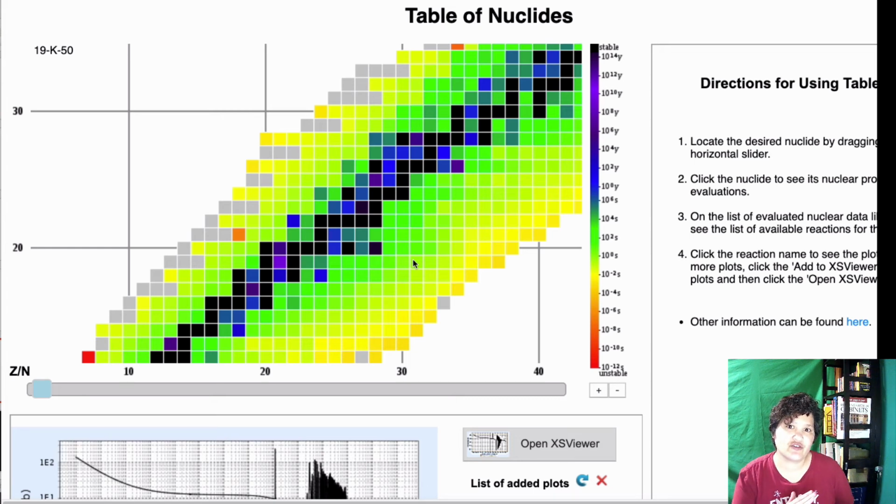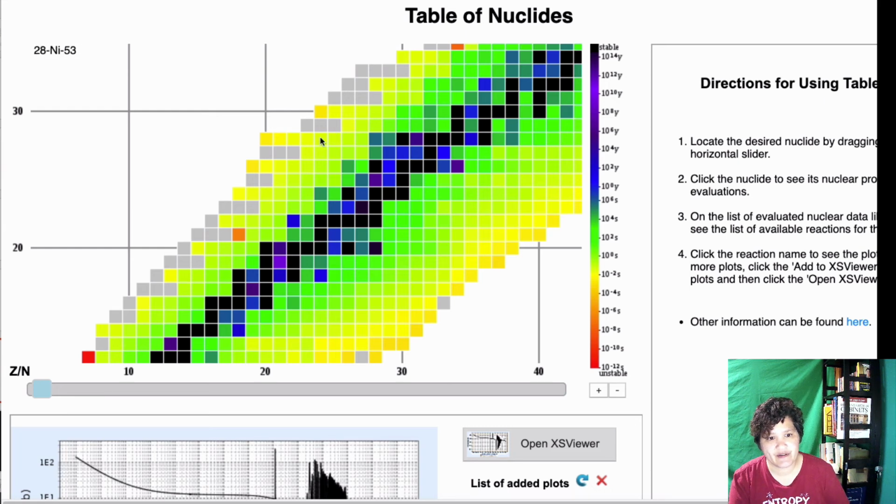And there's only one of those processes we looked at earlier that goes up, and that's beta decay. So everything that's down here, below the band of stability, is going to end up undergoing beta decay to get back towards the band of stability.